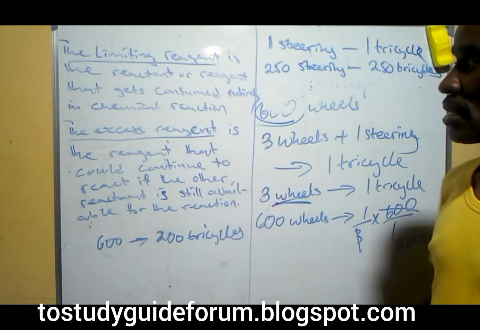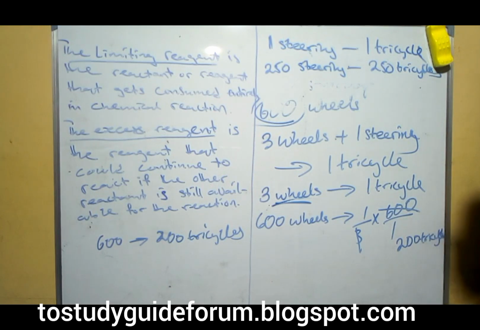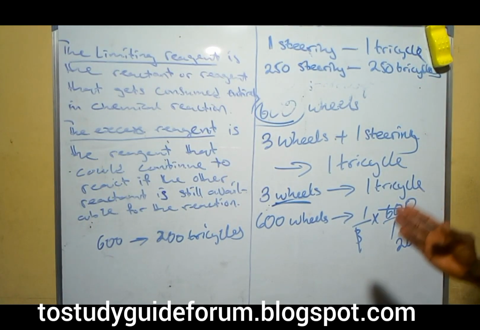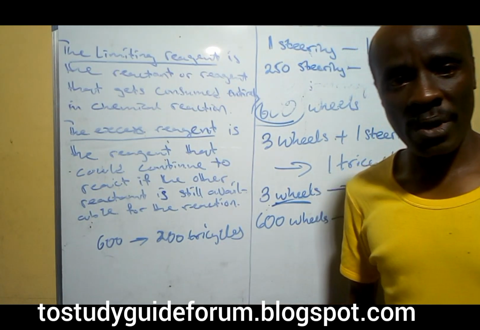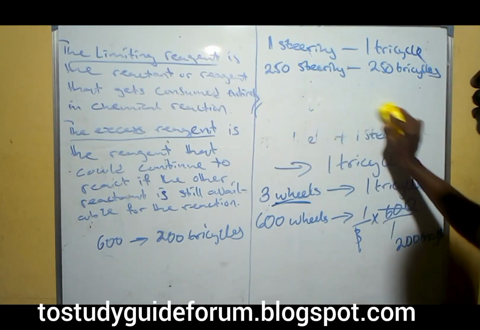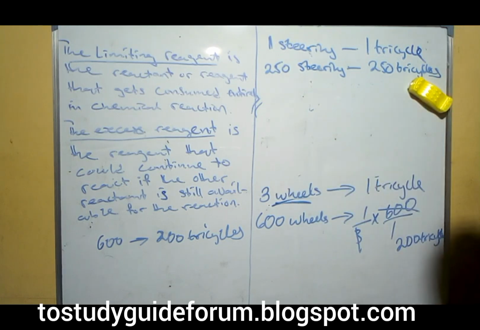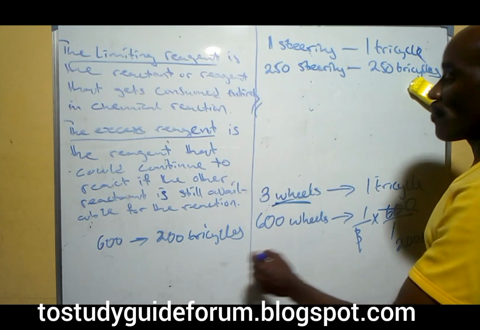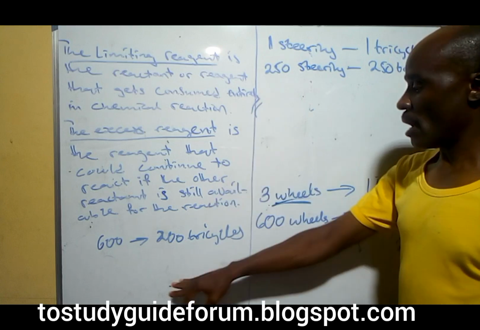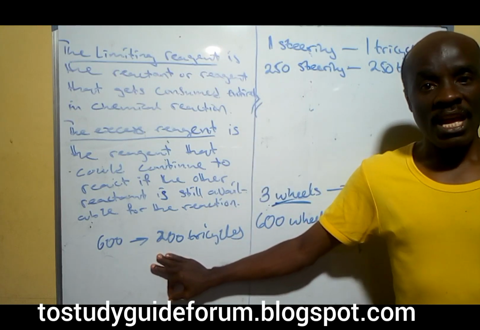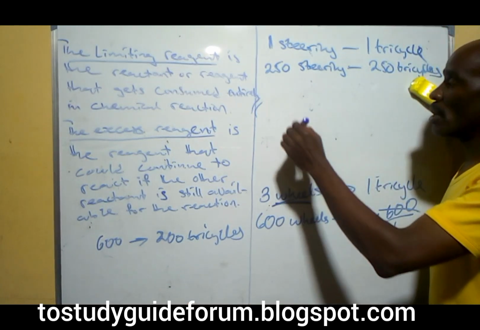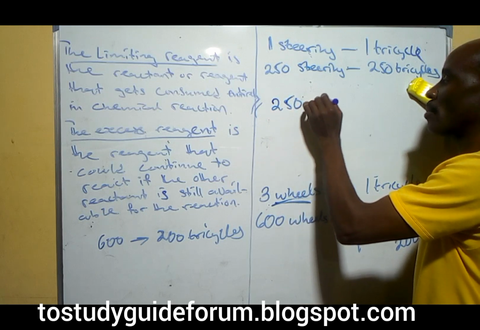In the same way, that's how it is in chemical reaction too. So in chemical reaction, that is how we come about it. Again, if you are going to find the material that will remain at the end of the reaction, since the number of wheels required to produce 200 tricycles is just 200 wheels, the excess of the steering will be 250 minus 200.